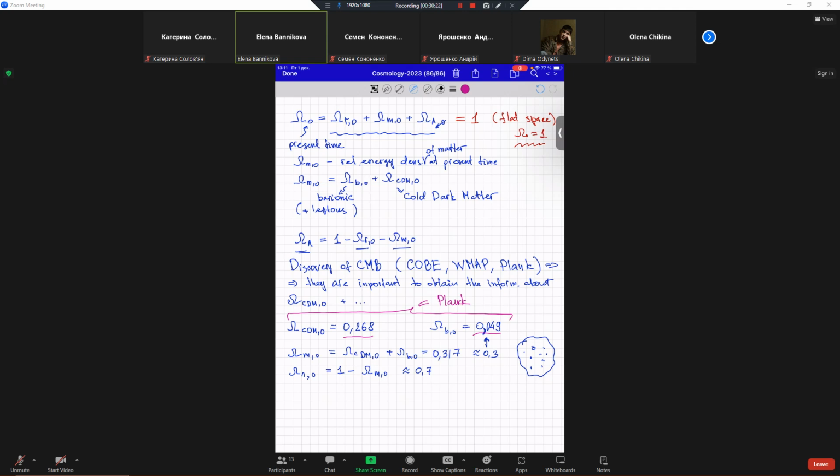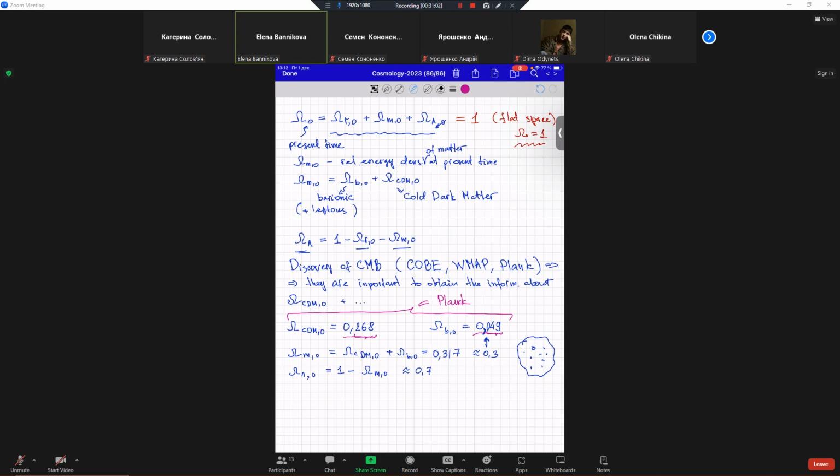It was also said that starting from this time cosmology became a precise science, in the sense that we can find these parameters up to the third digit after the comma. And this is really very interesting and important.